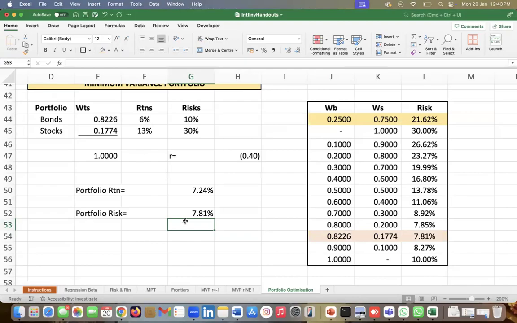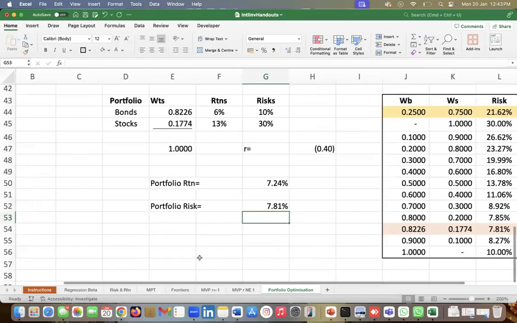Do you see less risk than this anywhere in the data table? No, which means our proportion of the bonds and stocks in the minimum variance portfolio is accurate, and it is genuinely giving us the lowest level of risk. Remember, we can also use the formula which I have taught you. So by the formula, you remember the formula, right?